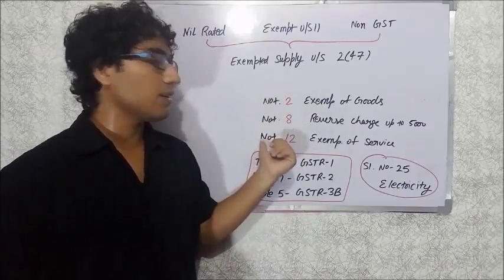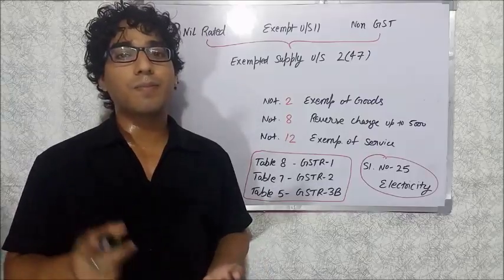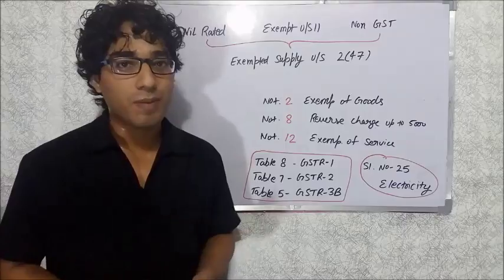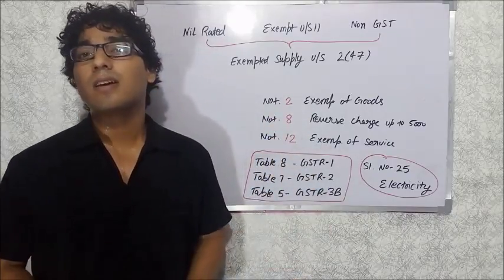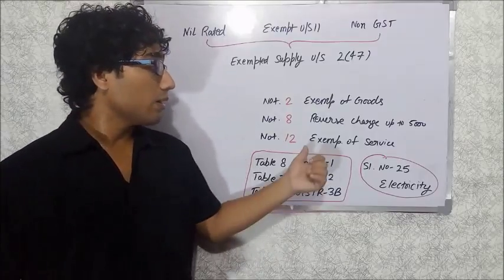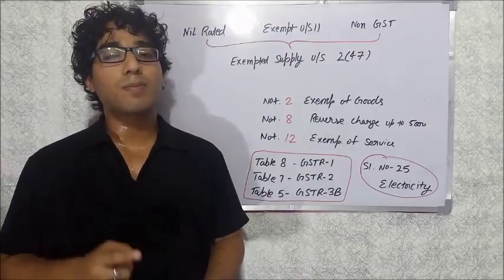All these 3 notifications are in the central tax rate tab. Remember that these 3 notifications are in the central tax rate notification tab on gst.gov.in. There are also 2 other notifications, notification number 9 and notification number 10.